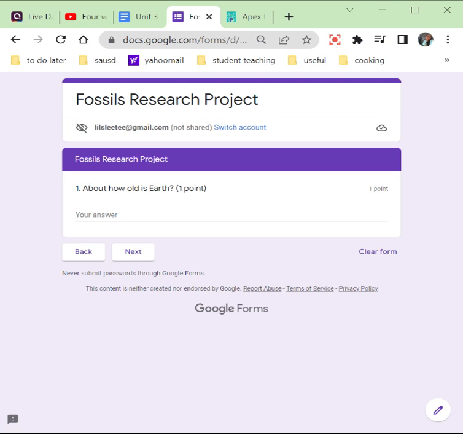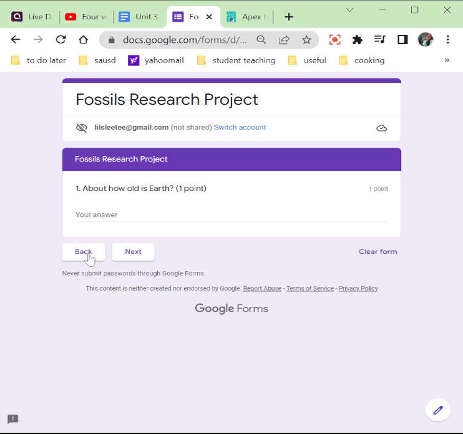You can look it up on Google, but you have to find a trustable link, right? So then your group members will decide if the information that you're getting is from a trustworthy link. Then you answer the next.